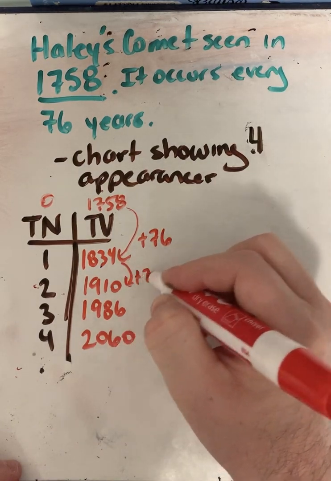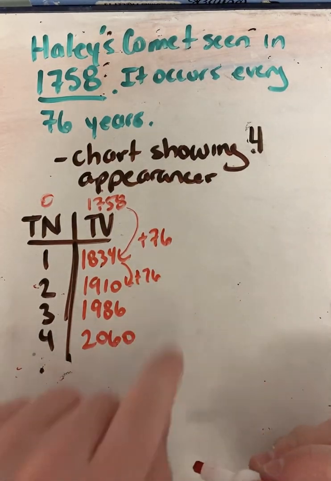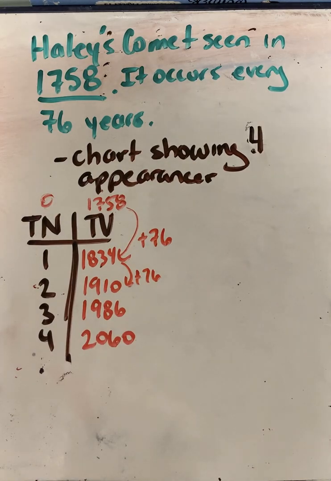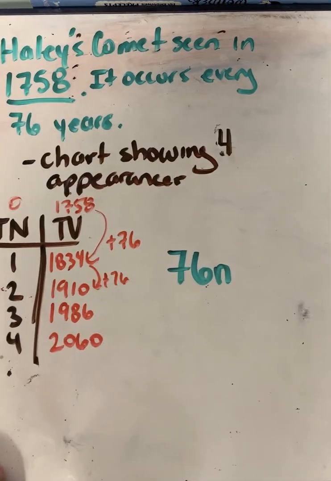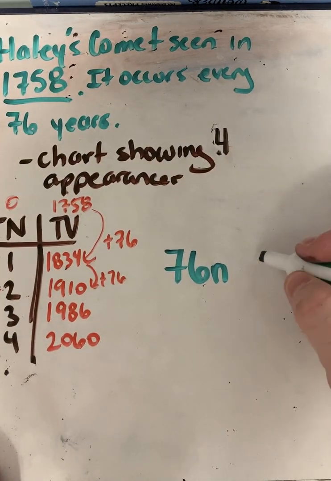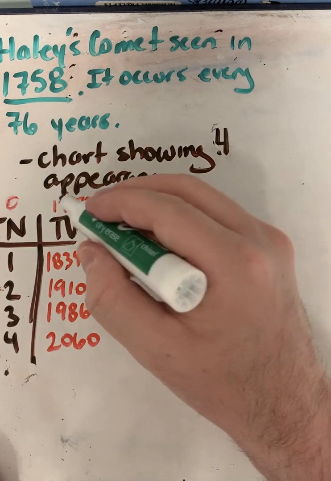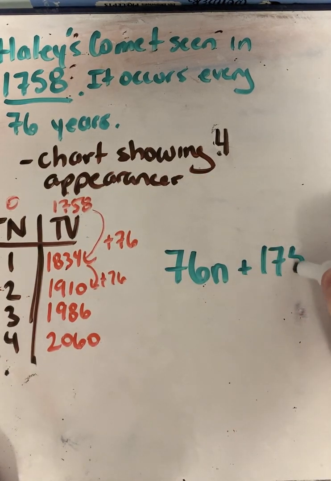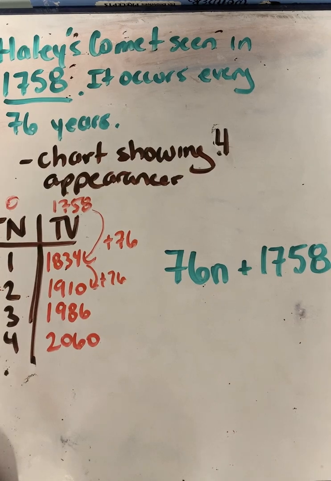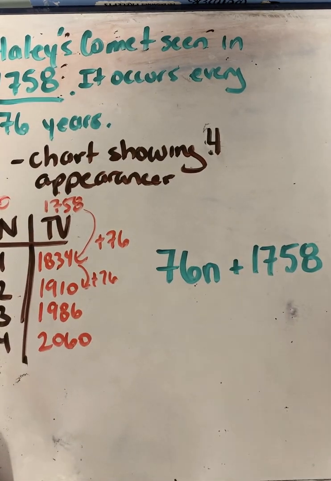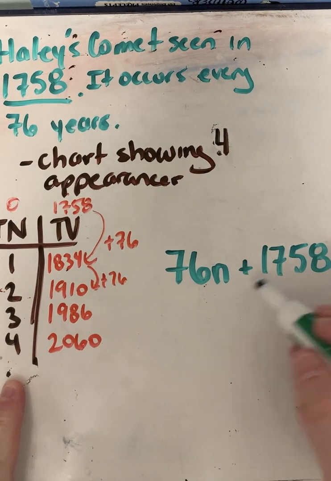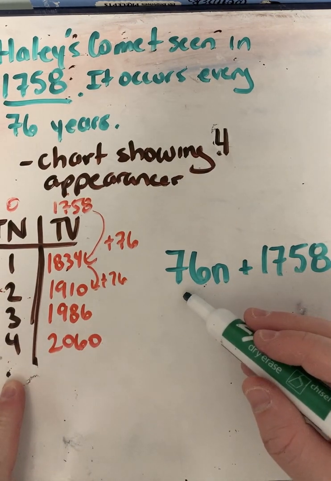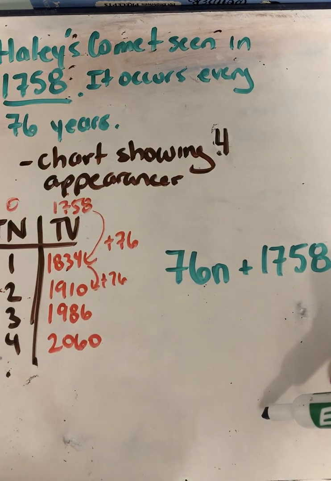It's increasing by 76 years, so 76 is going to be your variable. And you've already got your constant, 1758, because that's your term 0. So whatever appearance you're looking for, you multiply it by 76 and add 1758.